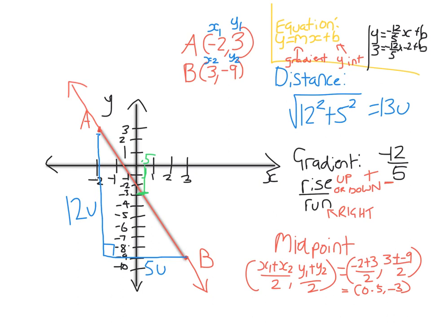So if I put minus 12 over 5 times minus 2 on my calculator, what I actually get is 4.8. So 3 equals 4.8 plus b. To get b by itself, I just subtract 4.8 from both sides. So here, it turns out the y-intercept is actually minus 1.8.